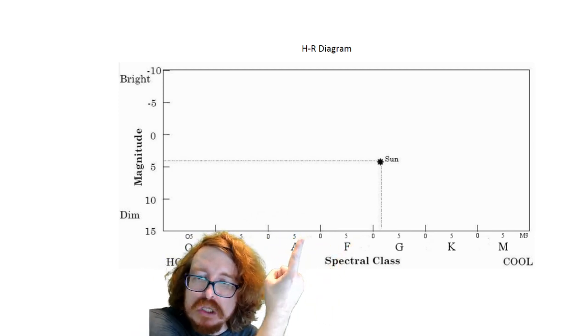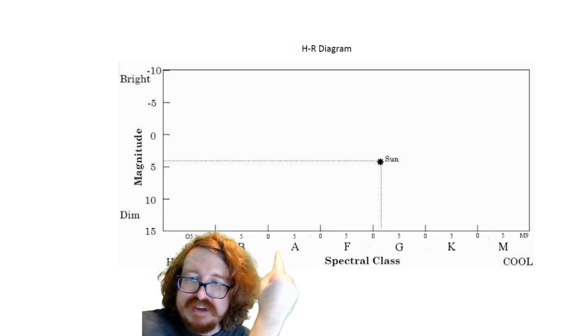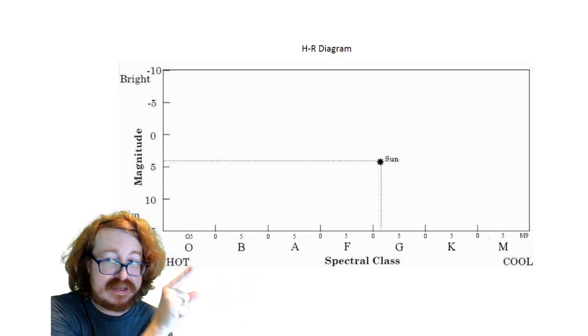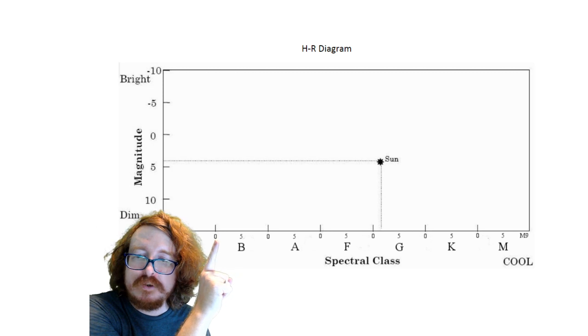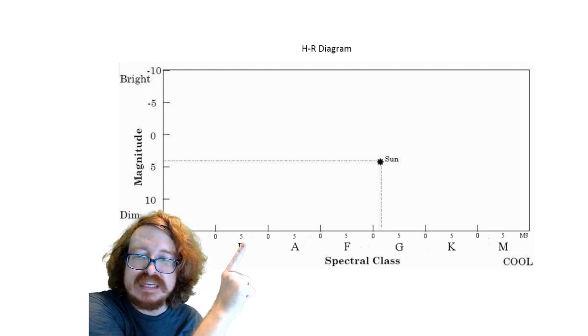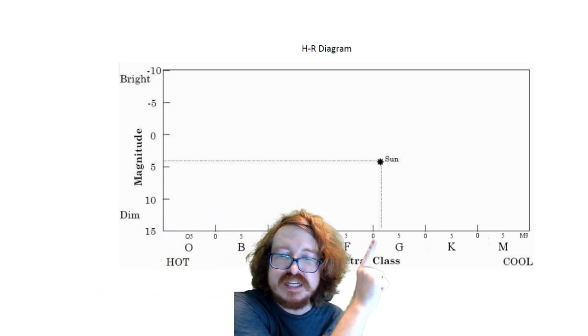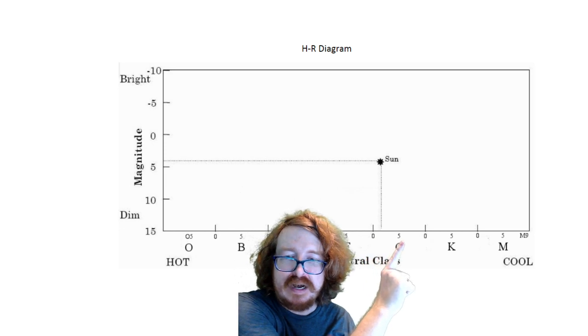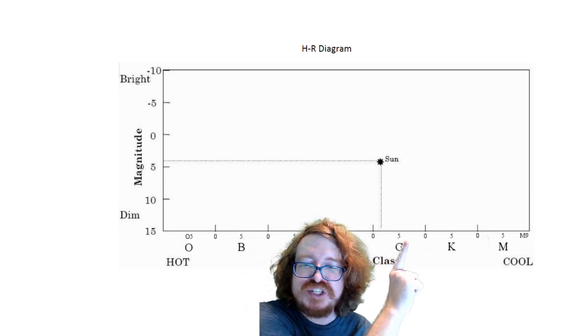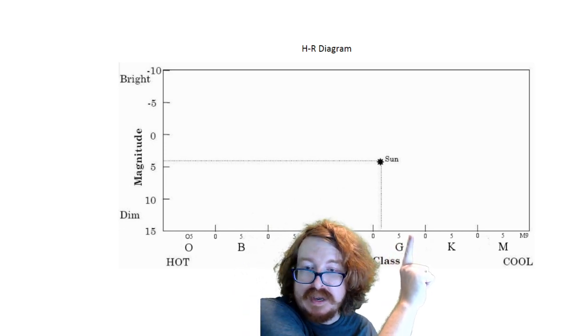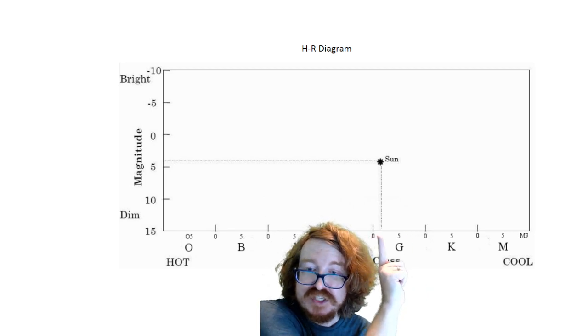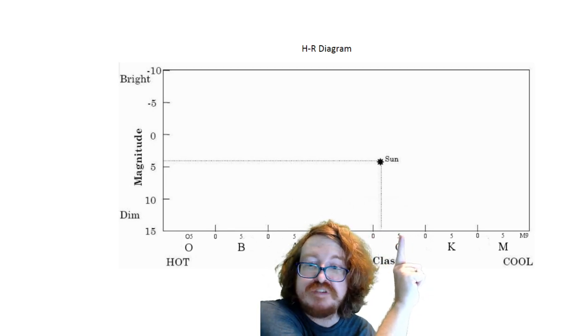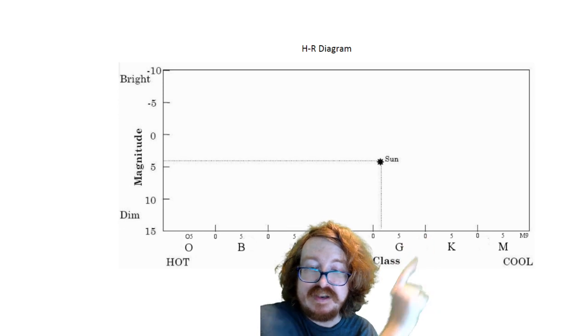So that means the lower the number for each letter, the hotter it is. So a B0 is hotter than a B5. A G0 is hotter than a G5. If you had a star that was a G7, you'd put it right around here, because that's G0, G5, G7 would be before you get to the next one.